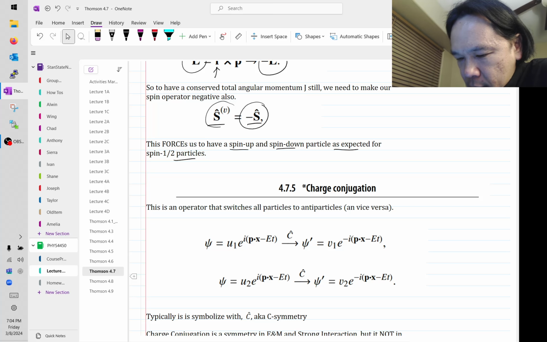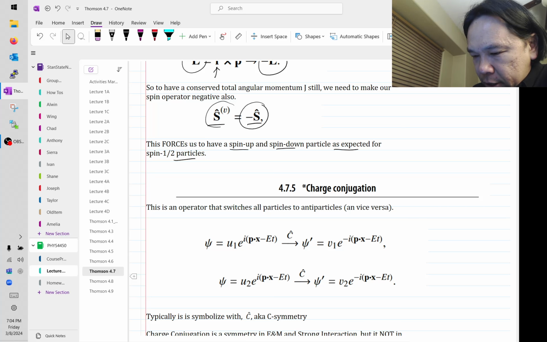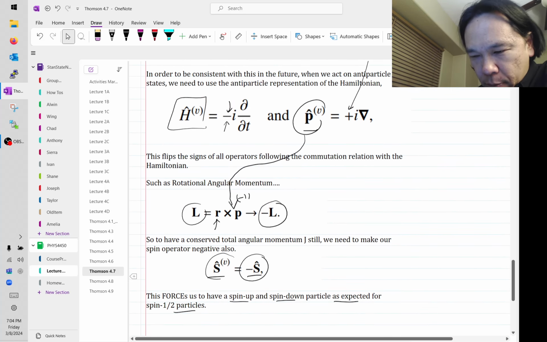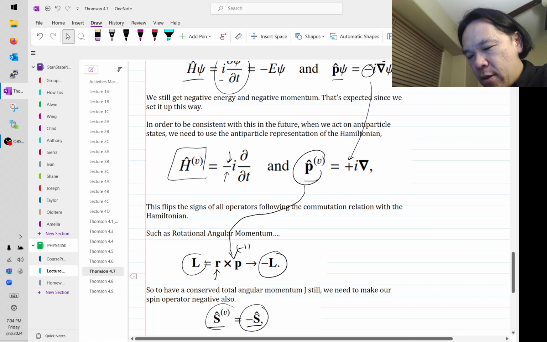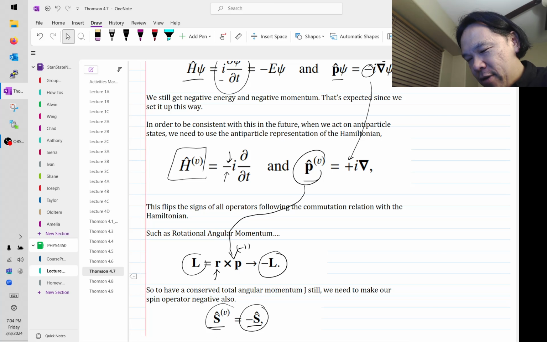Previously, we had this operation, this thing we just did, where we made all the negative energy into positive energy, and the way we did that is by basically reversing time. So this is a time reversal operation.